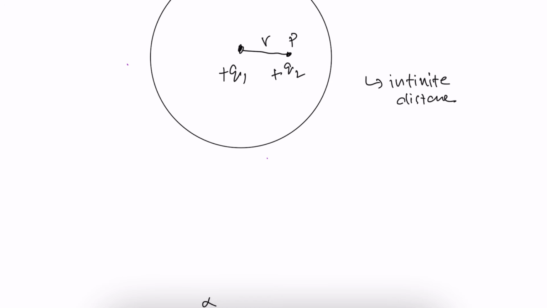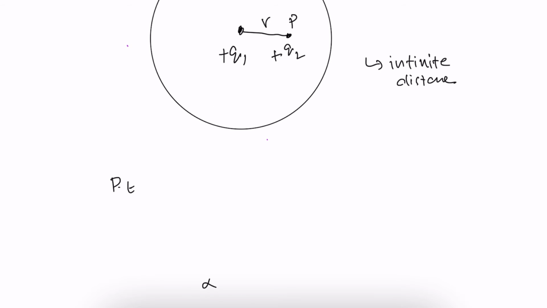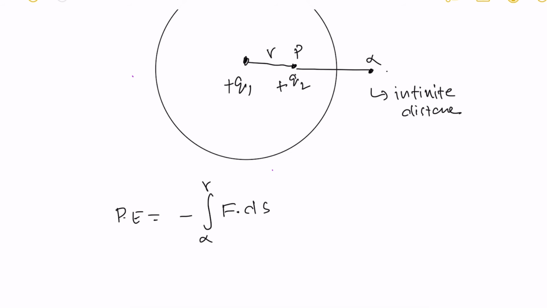So here the potential energy formula is minus integration F dot ds from infinity to r. Work is done against the force.